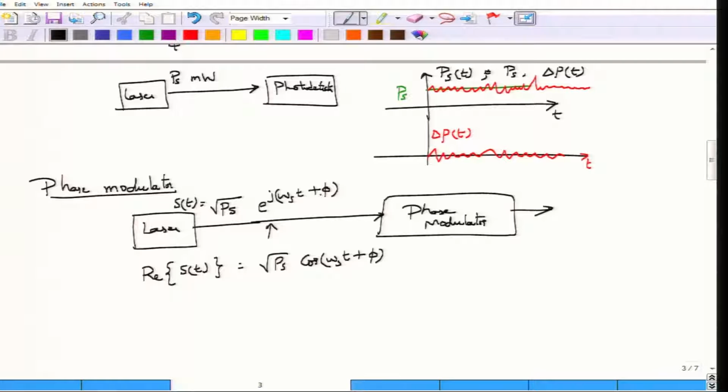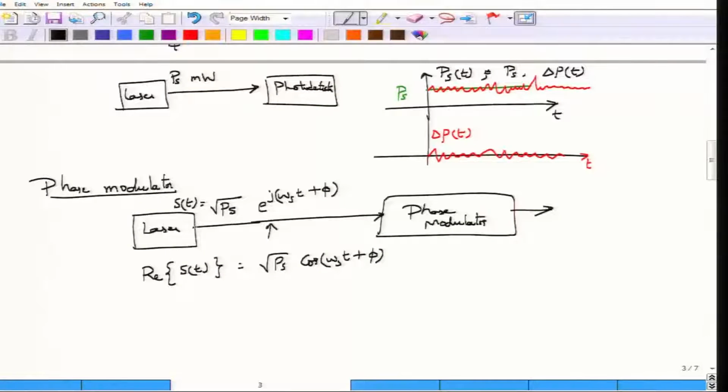Now, instead of having this phi to be a constant, if we somehow make the phase of the optical signal dependent upon what we are sending as the electrical signal, is that okay? So, if I take the electrical signal and then somehow alter the phase of the optical signal coming from the laser, then I have obtained optical phase modulation. So, that is all that is there to the optical phase modulator.